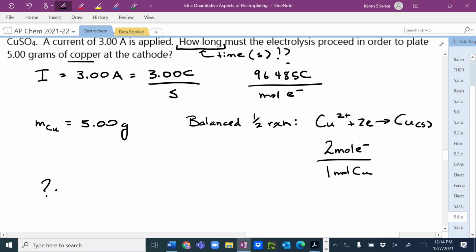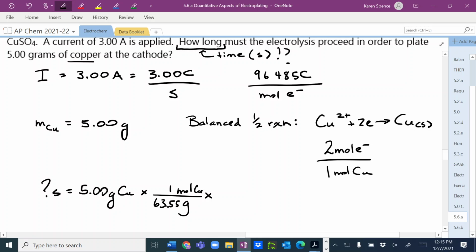So how many seconds is, what are we starting with? Grams, 5.00 grams of what? Grams of copper. What's our first conversion? Grams to moles. What's our next conversion?